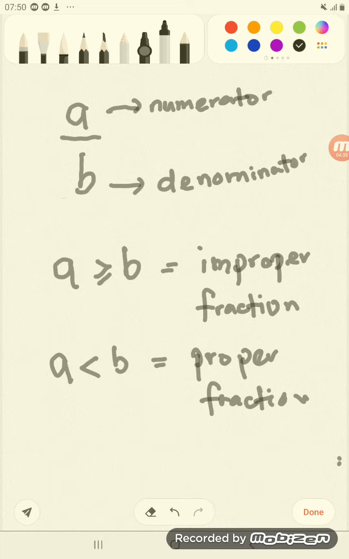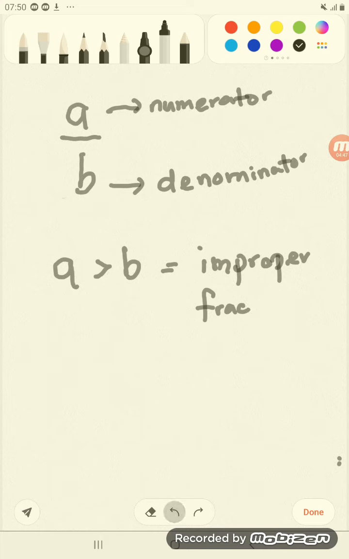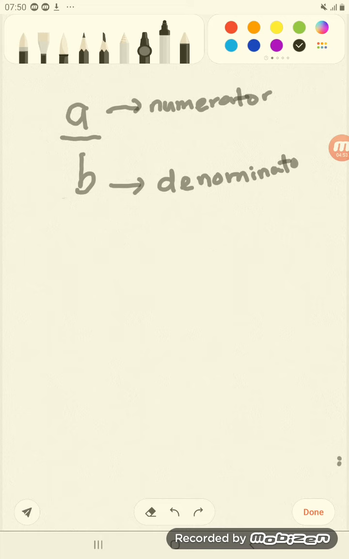Okay, let's see an example of it. I'm not going to use a number here, maybe we are going to use an algebraic equation. Let's say we have x squared plus 3 over x to the power of 4 plus 5.